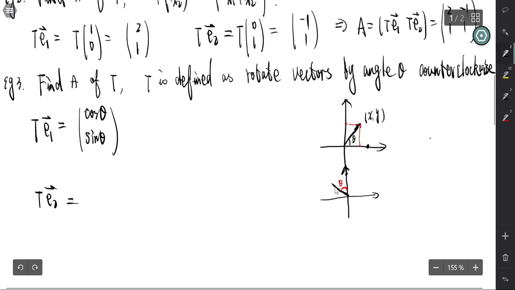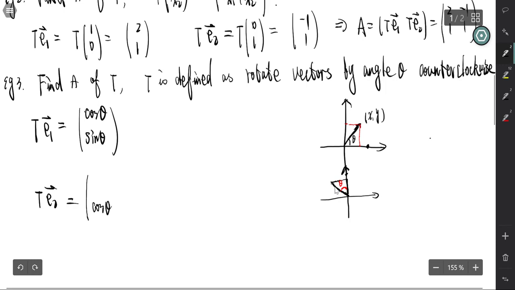So the y coordinate, the length of y, is the side adjacent to theta, so by the definition of cosine, the y coordinate is cosine theta.